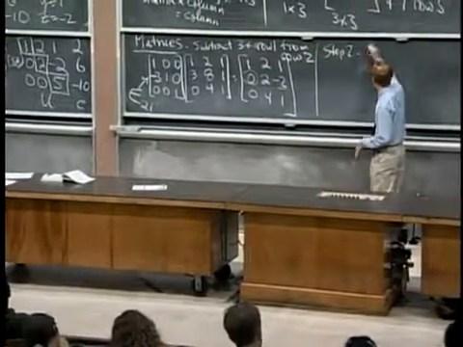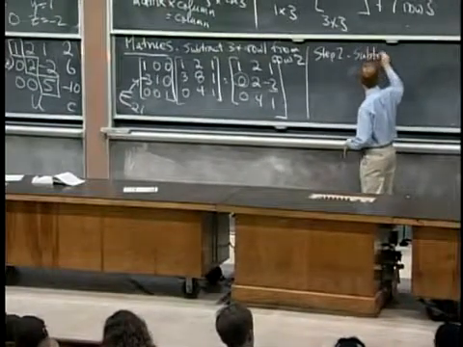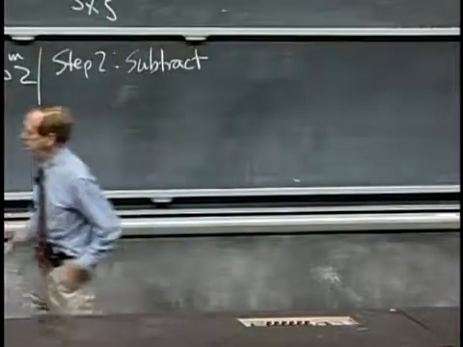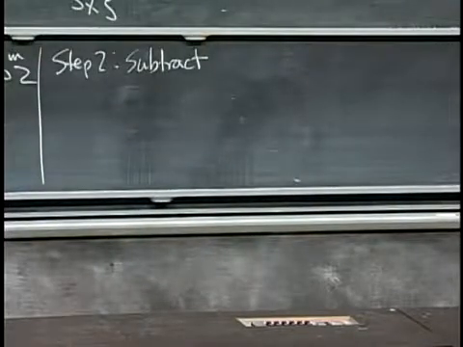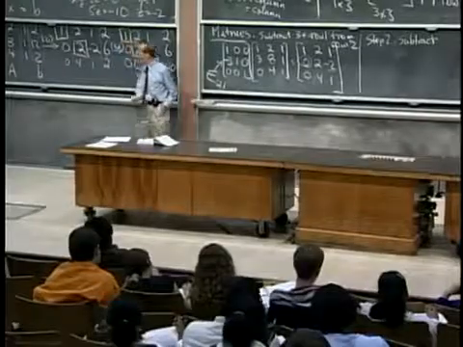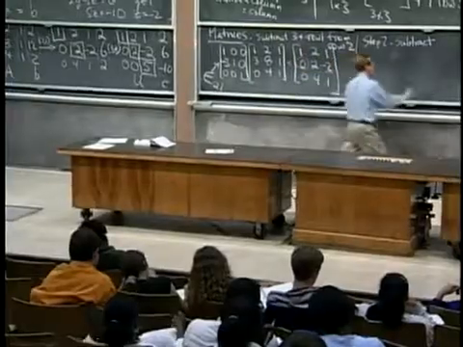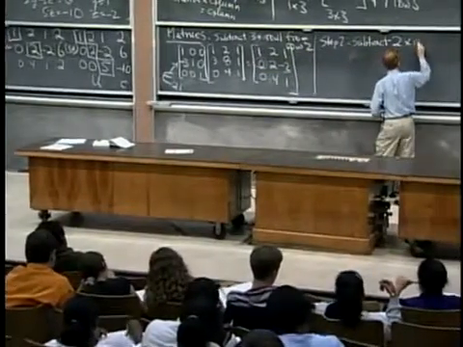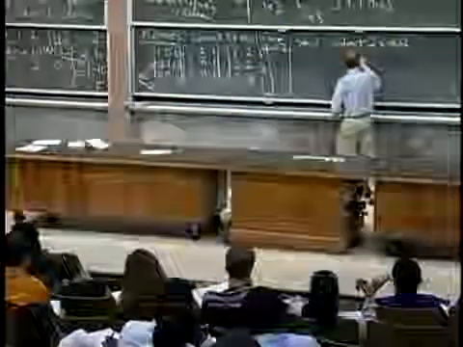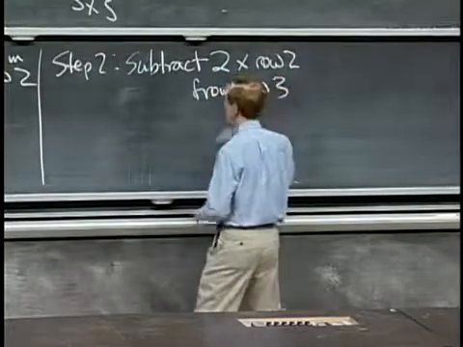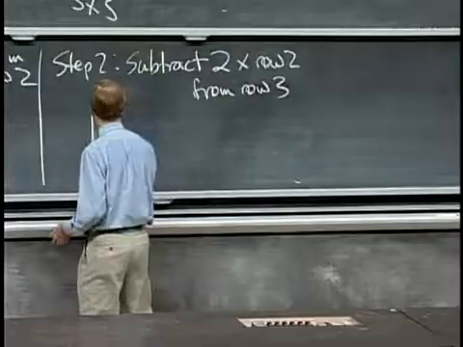What was the actual step that we did? I had a 2 in the pivot and a 4 below it, so I subtracted 2 times row 2 from row 3. Tell me the matrix that'll do that.